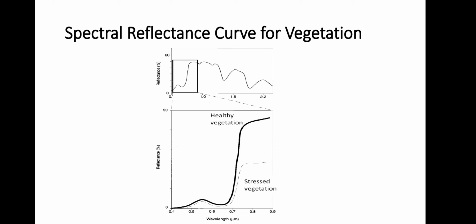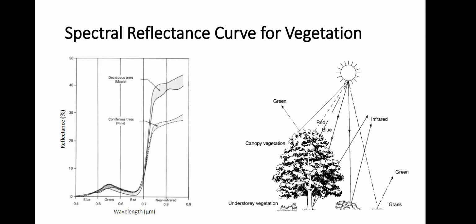the reflection, absorption and transmission of electromagnetic radiation by the vegetation also vary with wavelength. Transmission of electromagnetic radiation is less in the visible region and it increases in the infrared region.